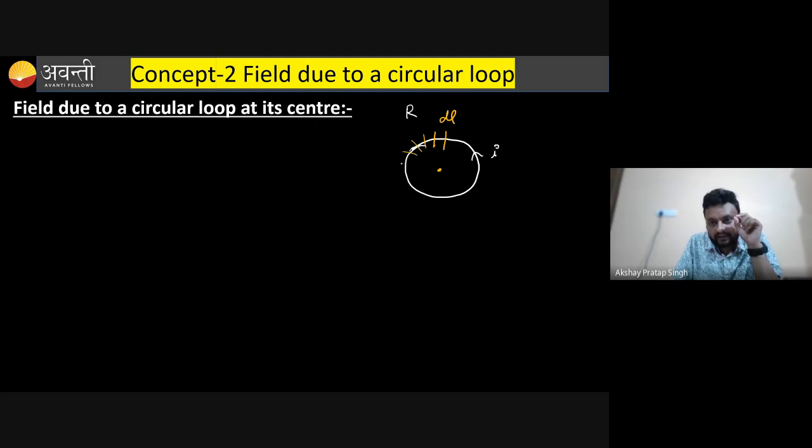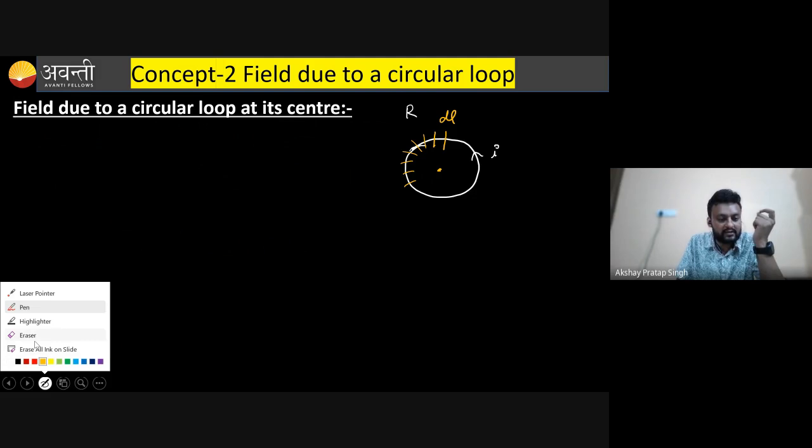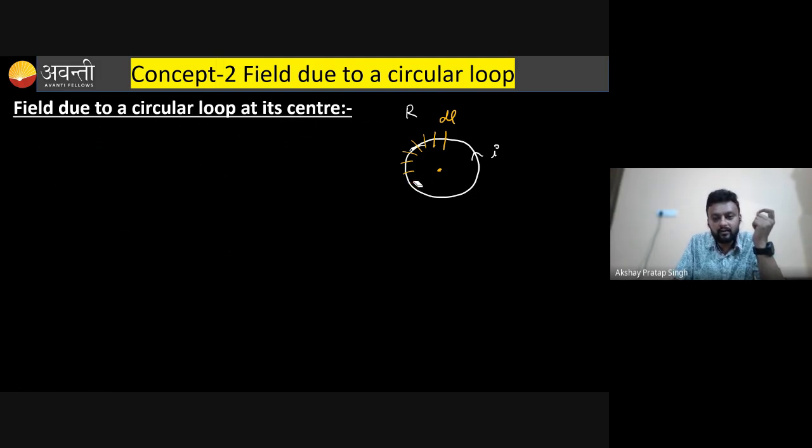So how many DLs can be formed? We can form a lot of DL here. And then we will add these fields due to individual DL and we will get our result. So this is a very lengthy process. How many DLs can we take? For that, there is a simple process known as integration.